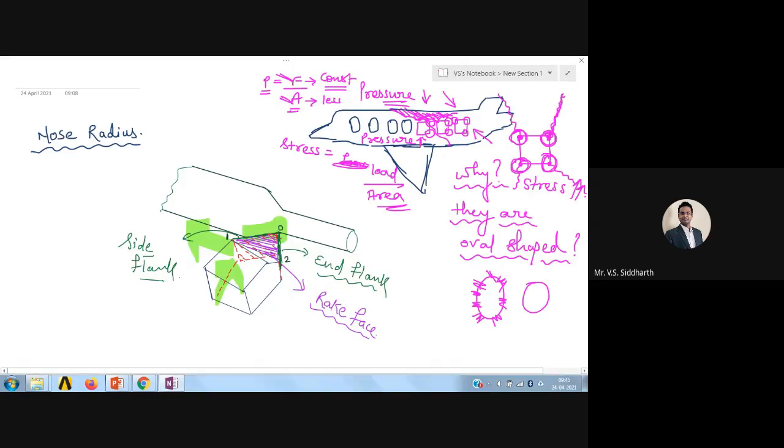So when you are doing the machining operation, chips are produced like this. The chip should go in this direction. Chip flow direction.